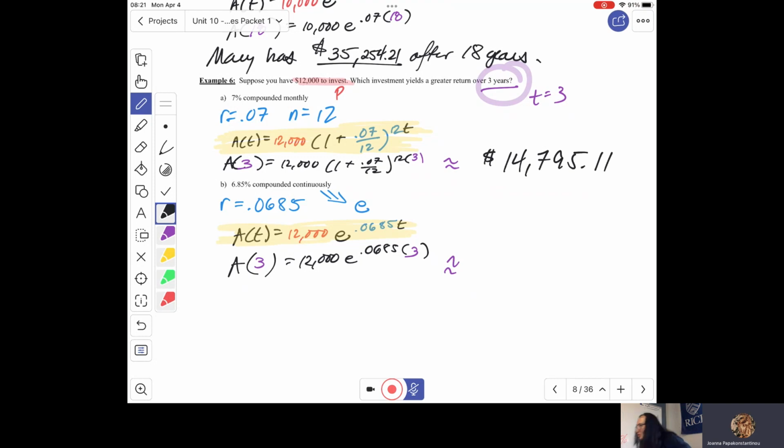And 11 cents. Don't you want your cents? Yes, this is correct. Option A, this is how much you have after 3 years. Who got this? Okay, if we didn't get it, Emma, can we get it? Jeffrey? Clara? All right. Yes, Ruby. 14,000 what?